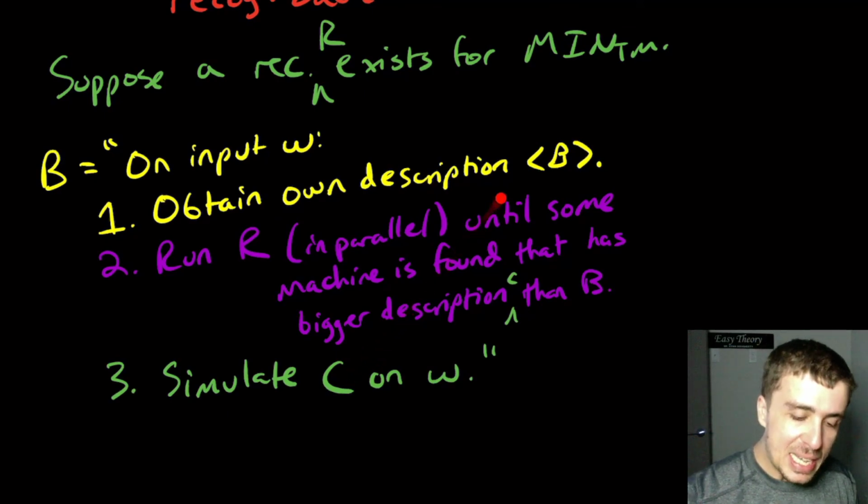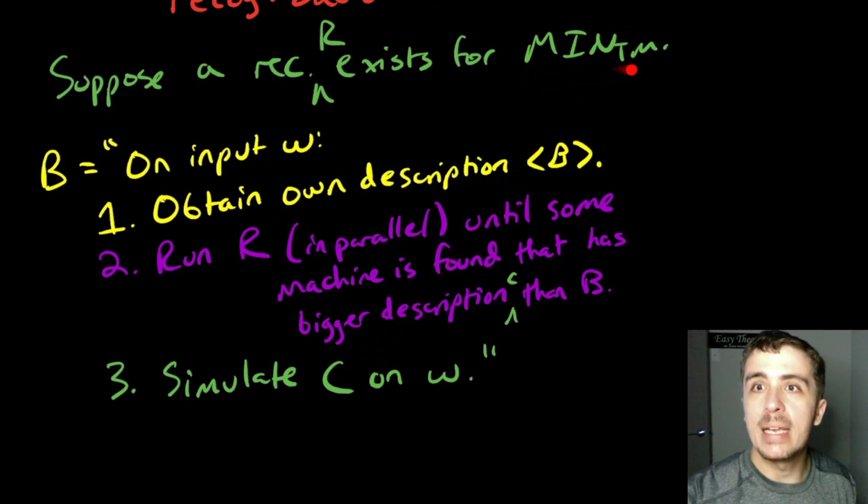Because C was found via the recognizer for minimum Turing machine, which means that it cannot have a smaller Turing machine for the same language, by definition, because the min Turing machine recognizer found it.